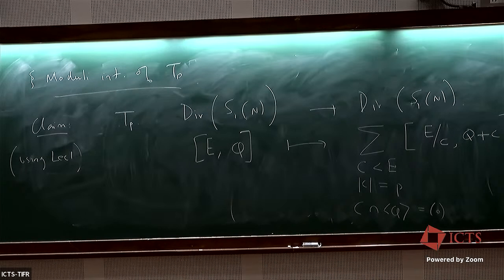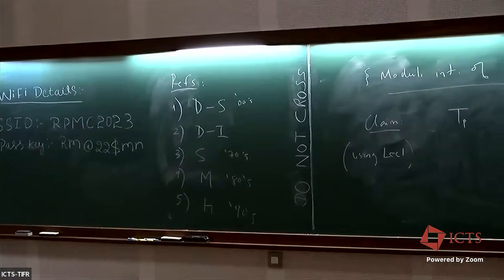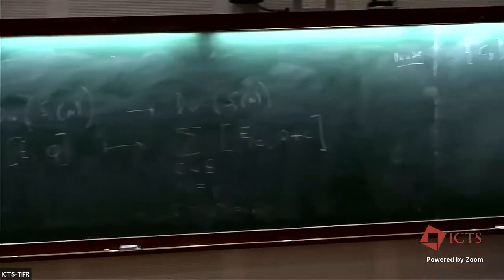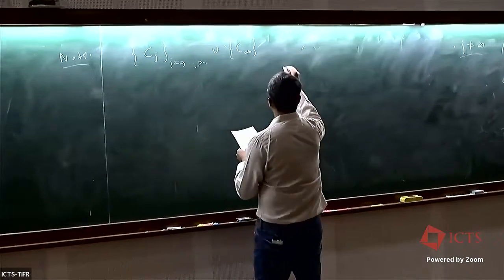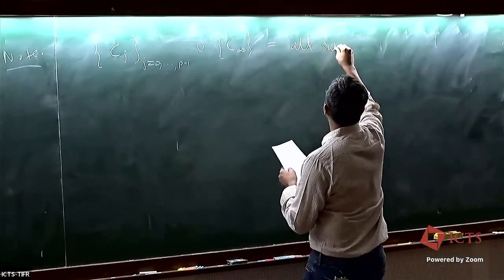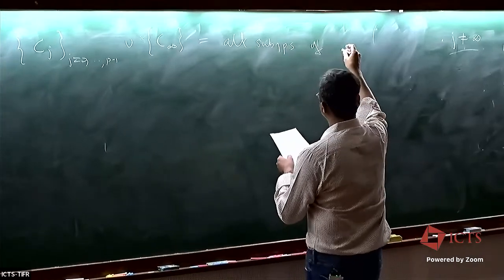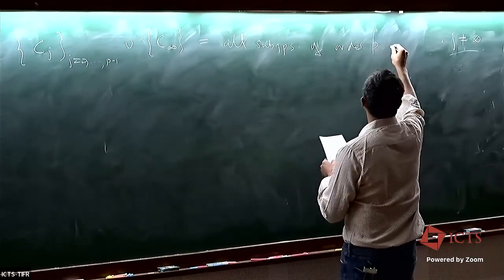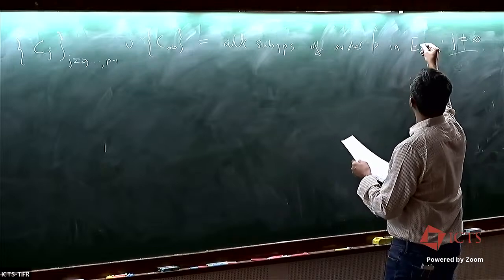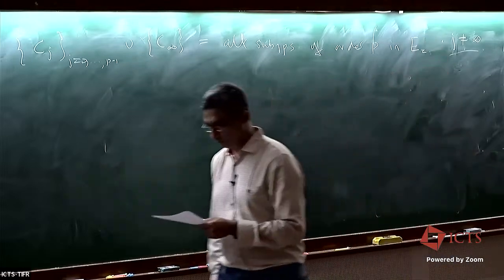So note the collection of the CJs, J equal to 0 to P minus 1, union C infinity, are exactly the subgroups of order P in E. So how do you check this? There's some numerical check. They're all disjoint.